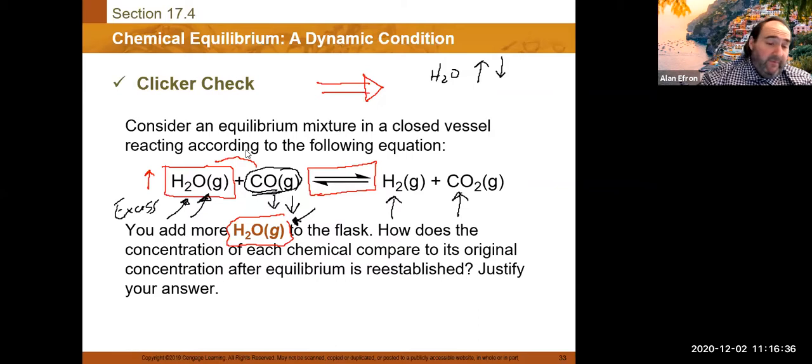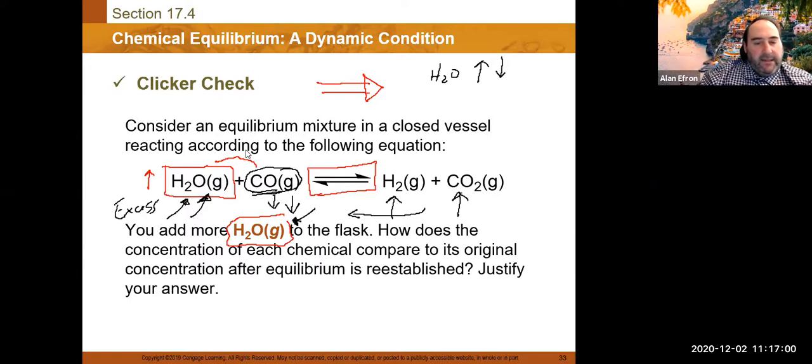It may even go down almost to nothing. But remember, it is a reversible reaction. So even if it goes down almost to nothing, at some point you are going to get some of these coming back this way to bring that concentration back up a little bit. So in reality, it probably won't bottom out or zero out in a lot of cases, because the reverse reaction will be building it back up.